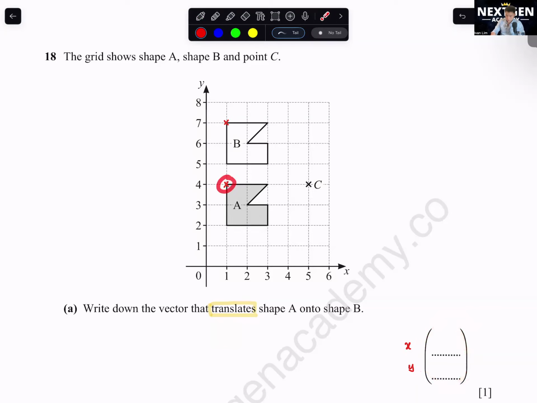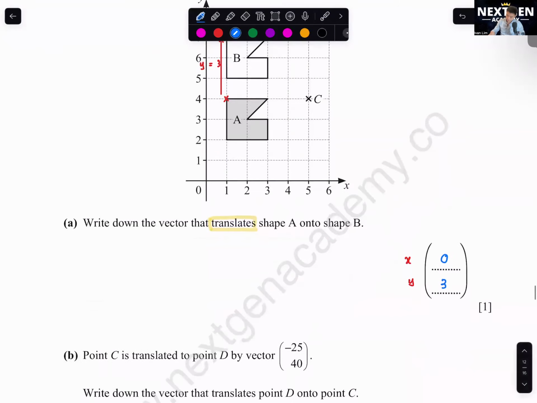For x, there's no movement, but it goes up 1, 2, 3. So y is equal to positive 3. No x, so we take it as 0, 3. This is how we answer.